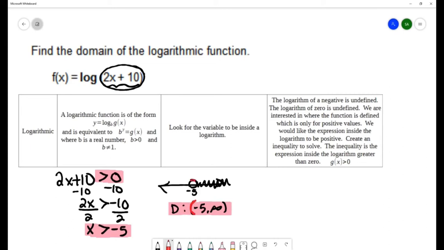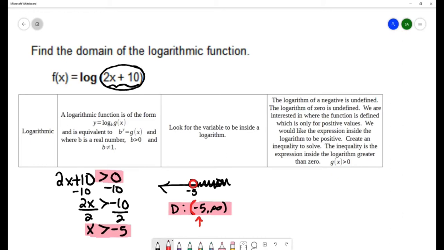Parenthesis has the same meaning as that open circle. It means that that point, that negative 5, is not included in the domain. If we were to include it, we would use a bracket. But remember, we're not going to include it because it causes a 0 inside the log, and that is undefined for the log.